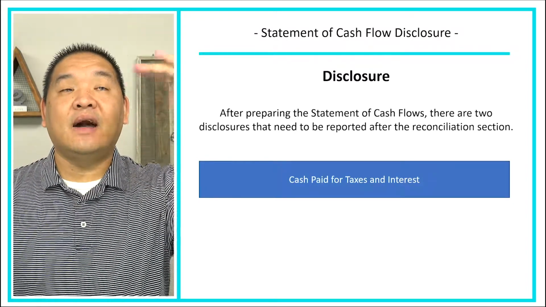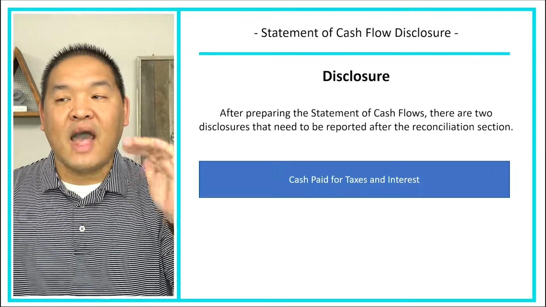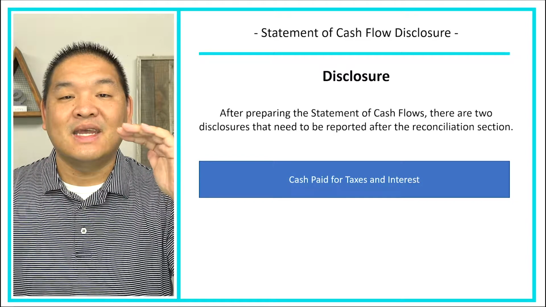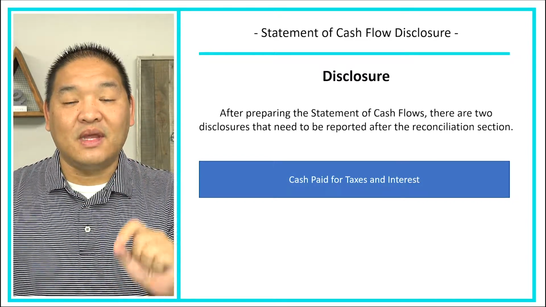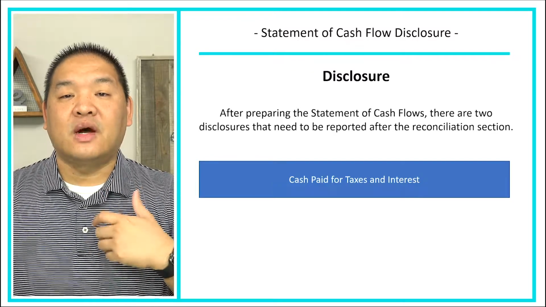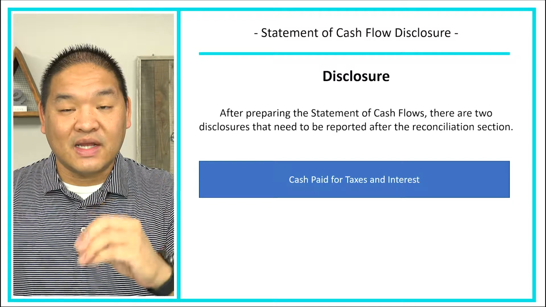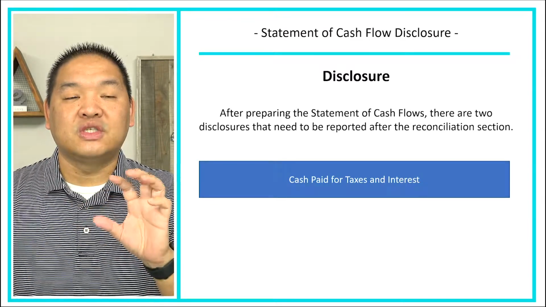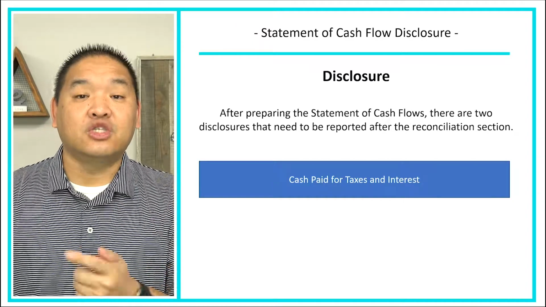We're just saying of the balance that is in the operating section, this is the amount of cash paid for taxes and interest. Why? They're an important part of understanding what the company is spending their money on, especially when it comes to taxes and interest, which is on a lot of investors' minds when it comes to cash use.